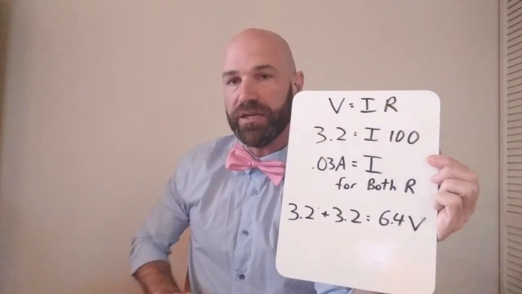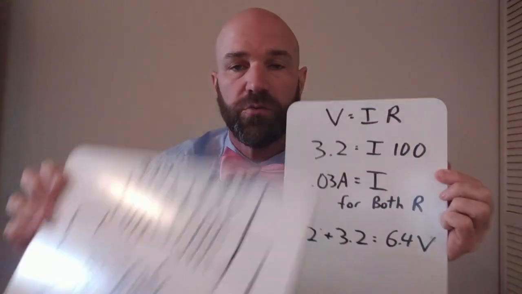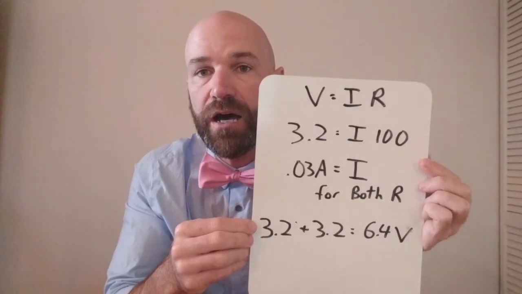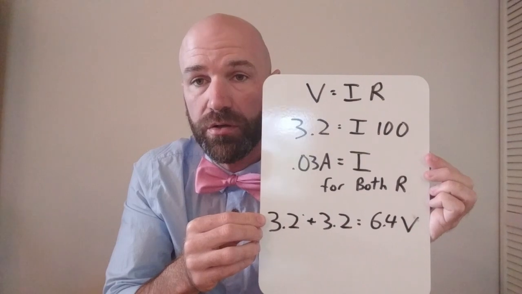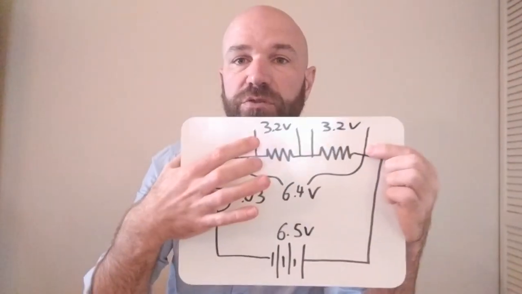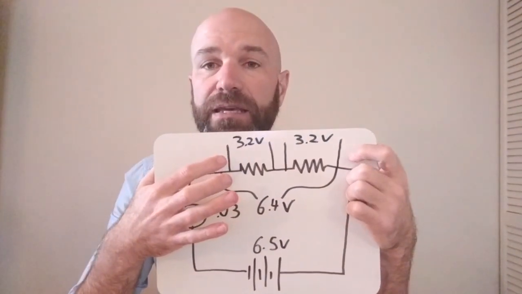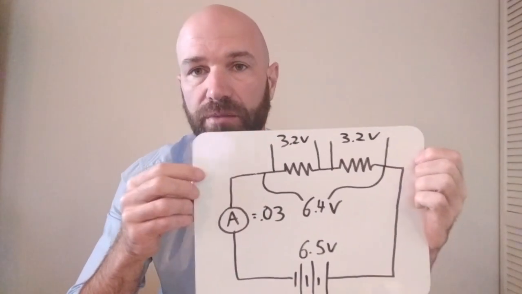Now, if we look at their individual voltages, 3.2, 3.2, if we add those voltages up for each of them, we get 6.4 volts total. And when we measured that back here, we added this one's voltage and that one's voltage. It's a weird idea that they can have different voltages on what they're hooked up to, but that's fine, don't worry about that.